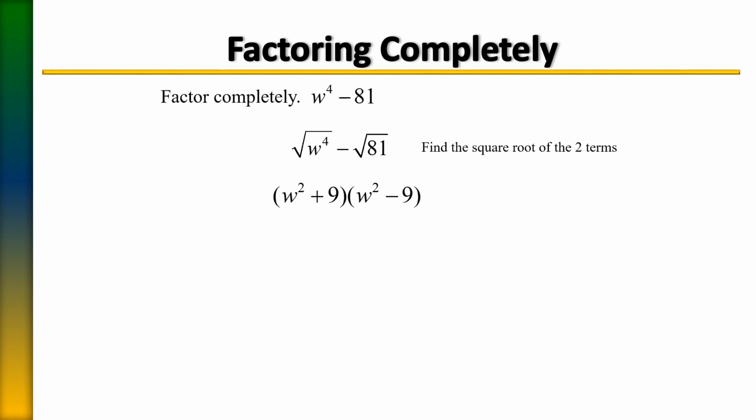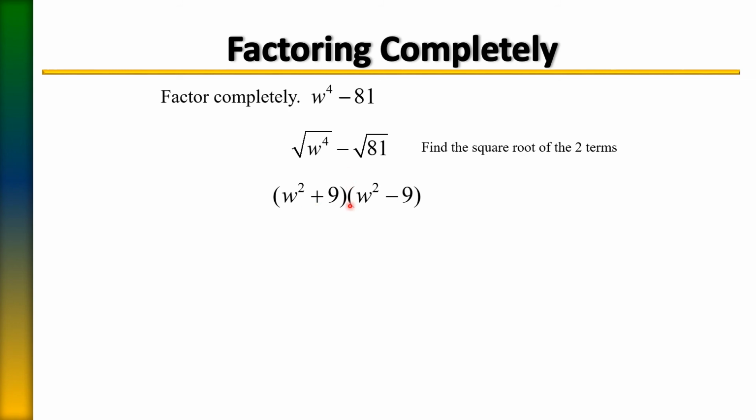The square root of 9, that's a perfect square root. Two perfect square roots with a plus sign between them is a sum of squares. And recall what I said about sum of squares? Is that factorable? No, it is not factorable. So there's nothing we can do with the w squared plus 9.